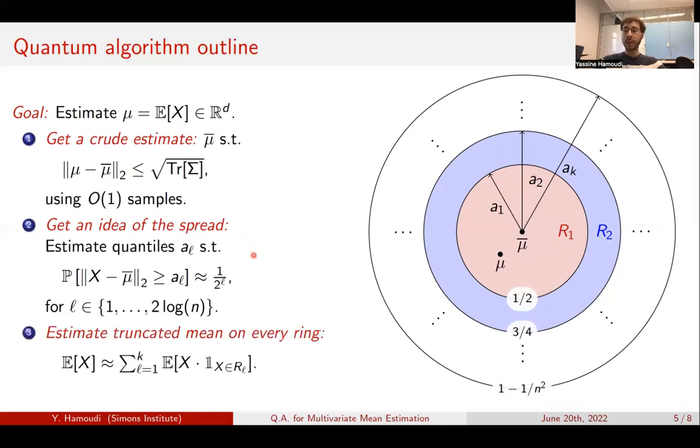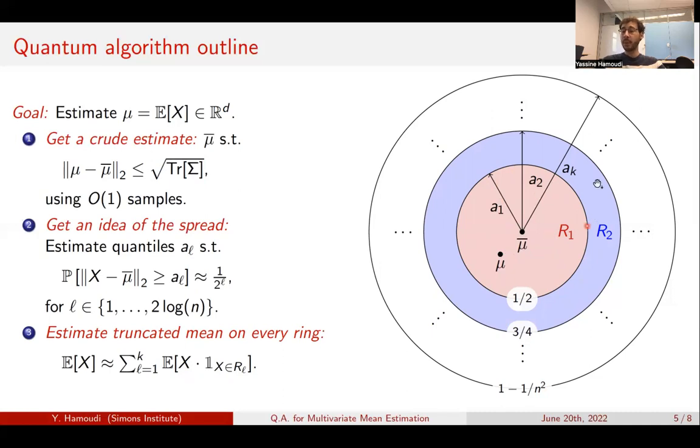The third and last step of the algorithm consists of estimating the expectation of x in the following way. We consider separately each of the areas defined by two consecutive quantile values. The first area is the inner circle, the red ball.